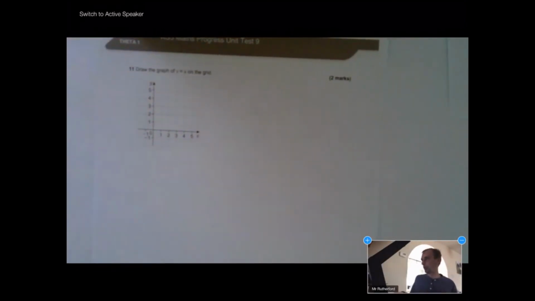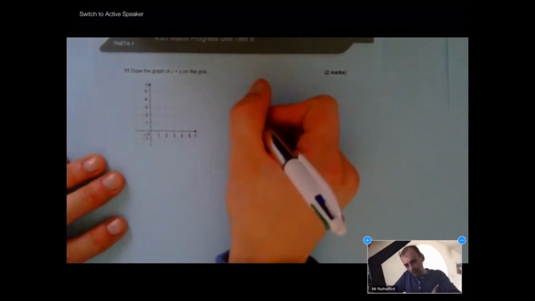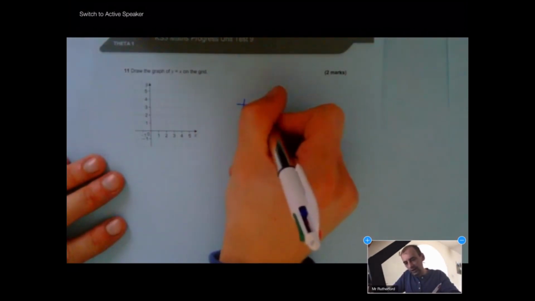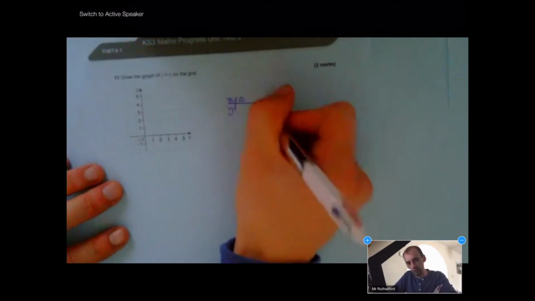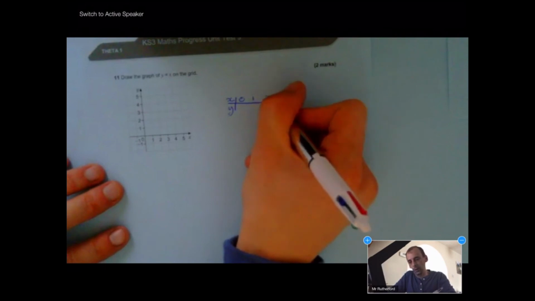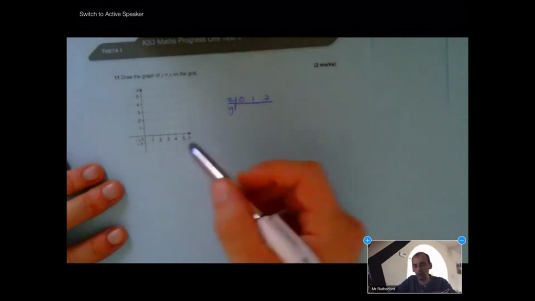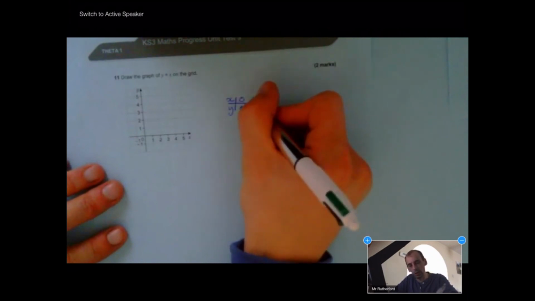Question 11. Draw the graph of y equals x on the grid. If you want to be absolutely sure, you can do a table of values. Choose any values for x, so I'm going to choose 0, 1 and 2. If y equals x, y will always be the same as what x is, so that will also be 0, 1 and 2.